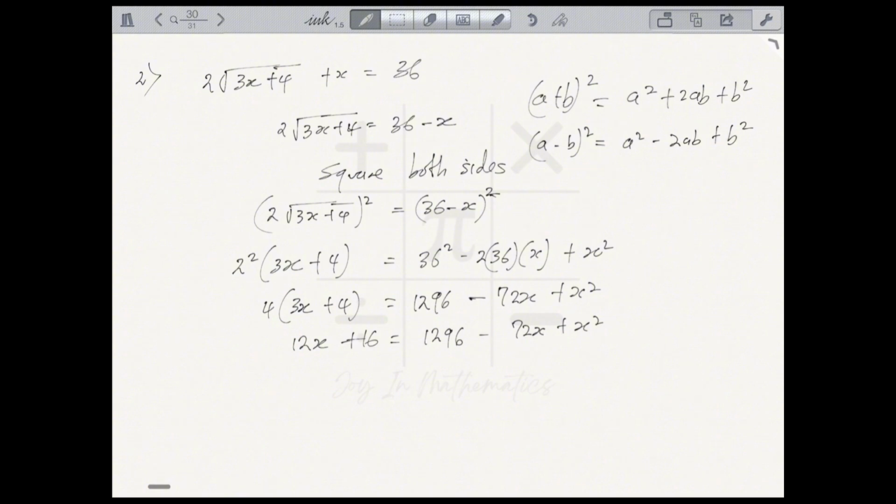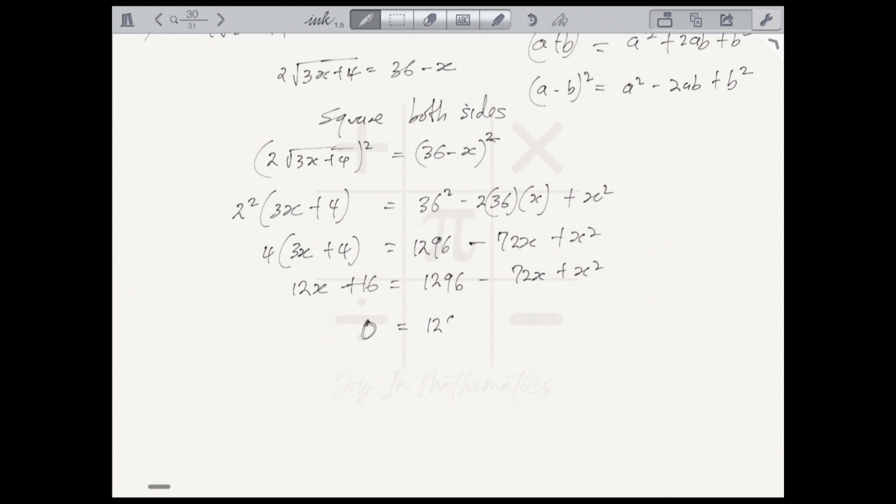Now this brings us to a quadratic equation, which we are familiar with. To solve this further, let's have 0 on one side. We move everything from the left hand side to the right hand side. So we have 1296 minus 16, minus 72x minus 12x, plus x squared. So 0 is equal to 1280 minus 84x plus x squared.